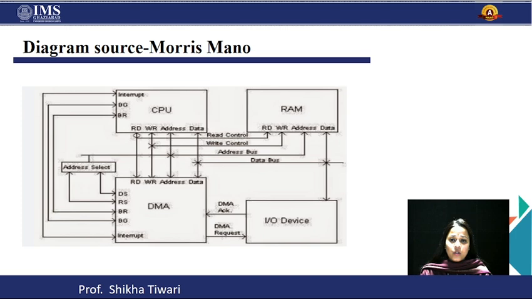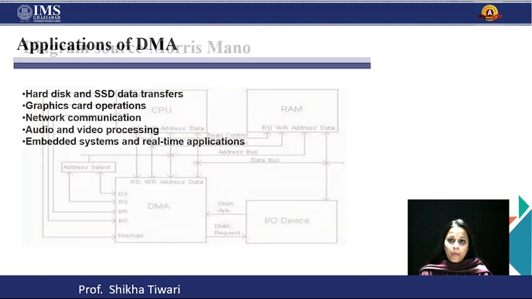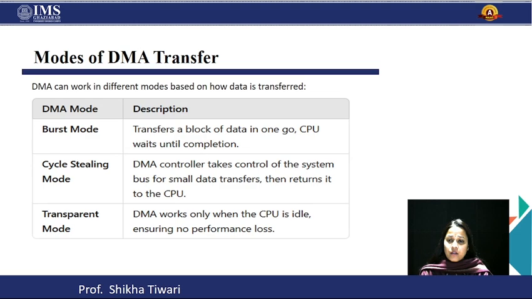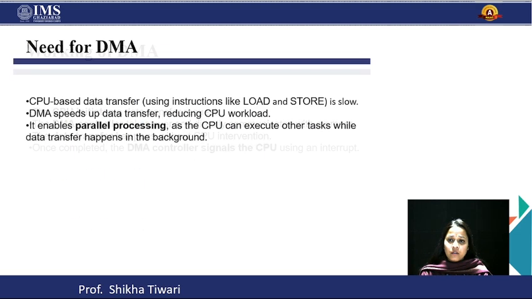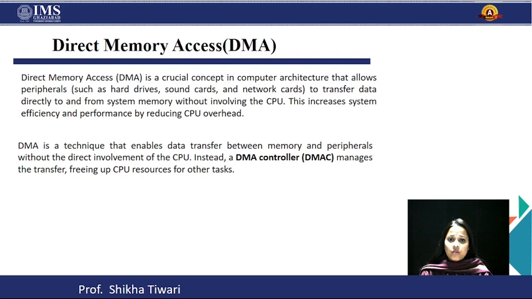So I hope you have understood this topic, direct memory access. So let me summarize this once again. So I hope you get to know the word that it basically allows the peripherals to directly transfer the data to and from system memory without the involvement of CPU.